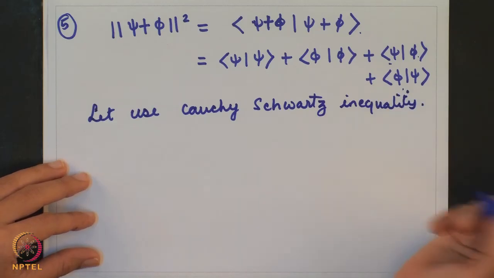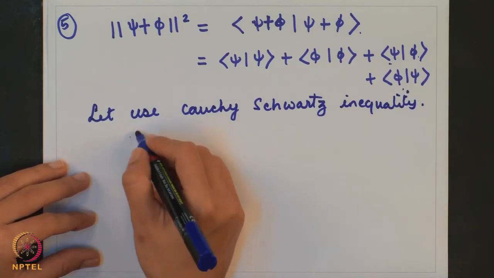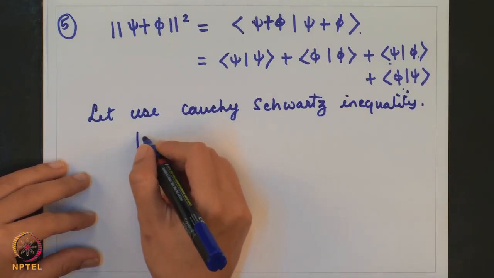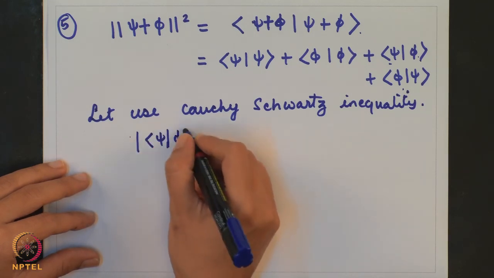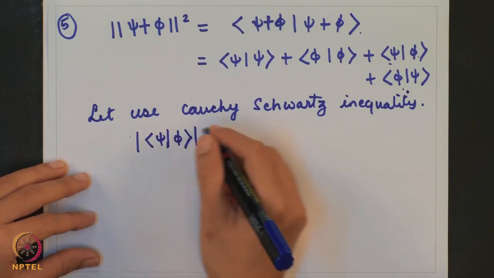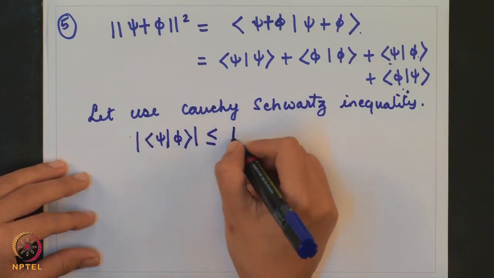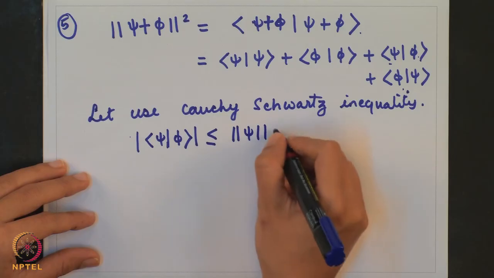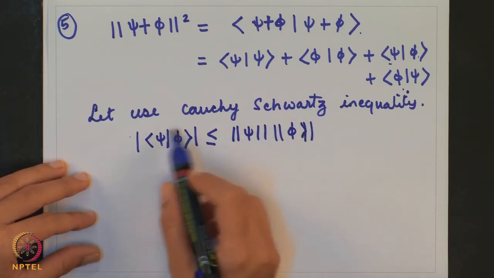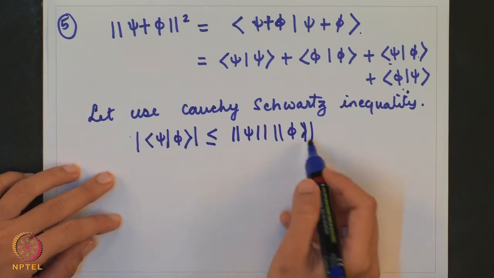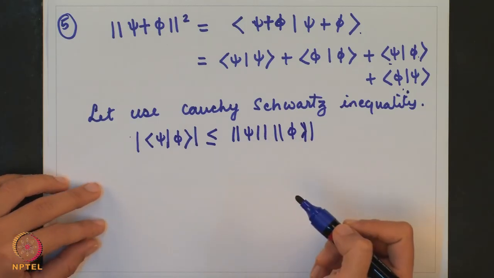So, from Cauchy Schwarz inequality, what do we know? We know that psi on phi, that is any vector on the other, has a norm that is always less than the norm of psi times the norm of phi.